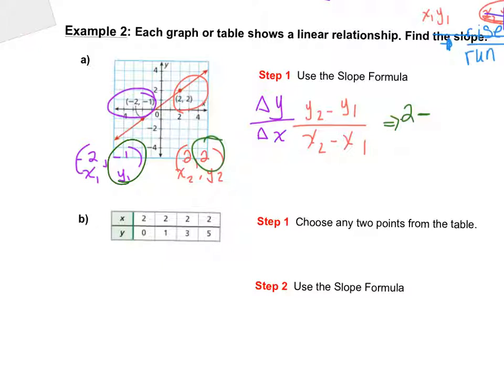So it's y2, which is 2, minus -1, over x2, which is 2, minus x1, which is -2.